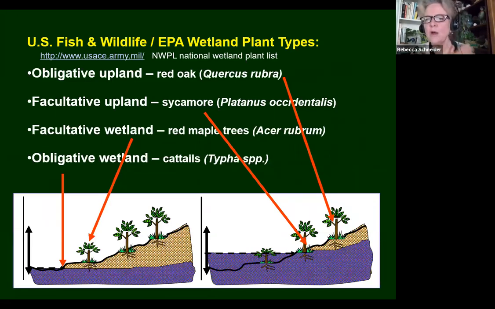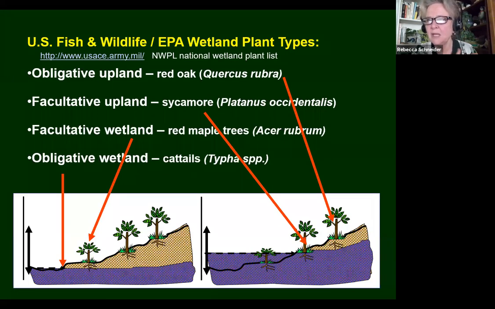So there's a great database about how tolerant plants are to being flooded. It was developed during the 70s and 80s when we began to recognize all the ecosystem services of healthy wetland and streamside habitats. And I'm going to talk about those benefits in a few minutes.